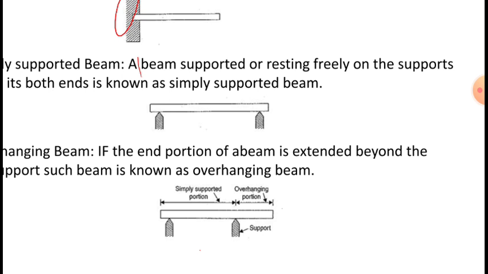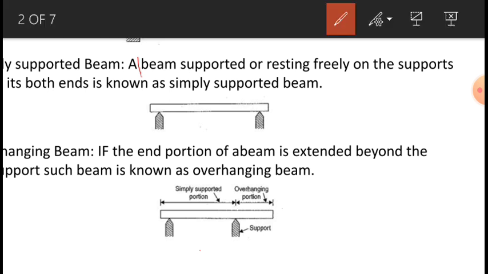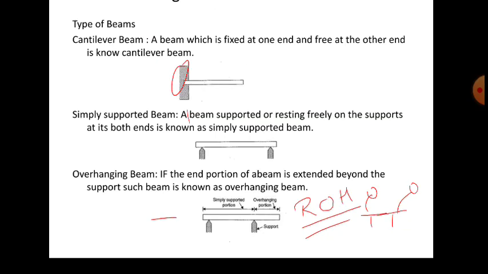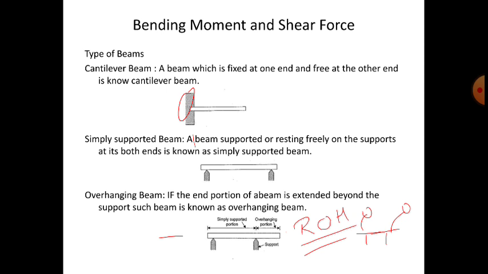This type of beam might have one overhanging, or might have overhangings on both sides. In the figure shown, it is a right hand side overhanging. It might be on the left hand side or on both. Like here in this case, there are two overhangings, extended beyond the simple support. Okay, this is what overhanging is.